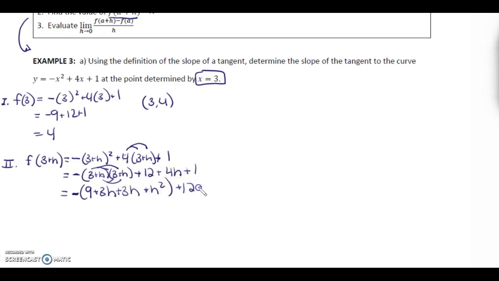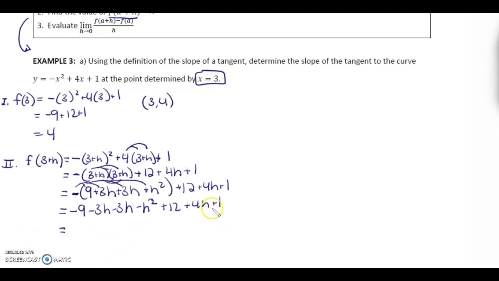And then plus 12 plus 4h plus 1. Okay, so distribute that negative in here. We get negative 9 minus 3h minus h squared, and then plus 12 plus 4h plus 1.